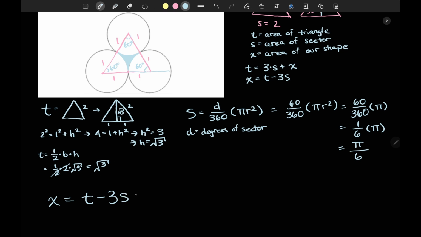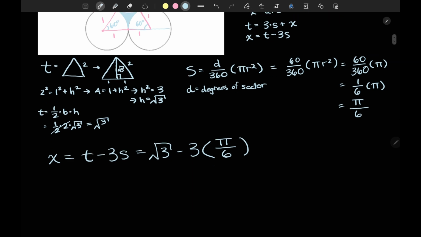We got here that T is equal to the square root of 3, and that S is equal to pi over 6. This can be simplified. 3 distributed into this becomes 3 pi over 6. The 3 and the 6 can cancel out to 1/2. So this is just going to be pi over 2. And just like that, this is our final answer.